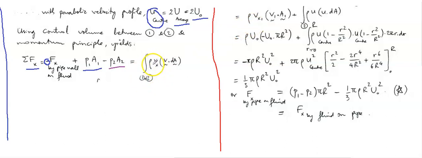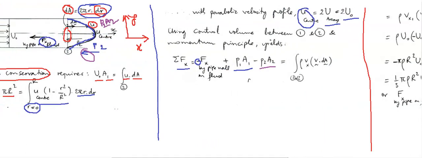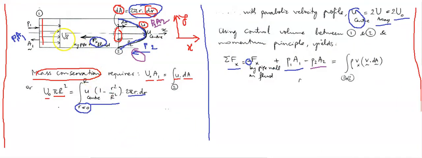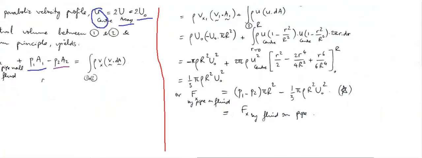Okay, so now you see for section 1, the momentum we can write as rho, the density, times Vx1. X1 is for section 1, and this is V on A1, because the area for section 1 is A1, but for section 2 this is the differential area we used.